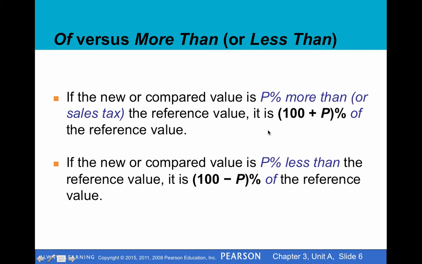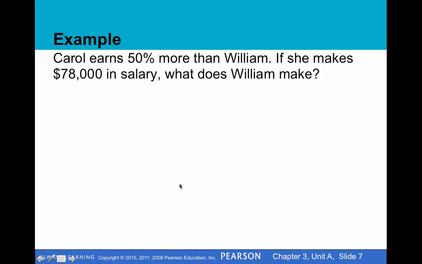Now this might seem confusing at first, but just wait until we see some examples, and I'll keep writing that line in there. And then if we have a "less than," like a 25% off sale, then we would subtract that percentage off the original 100% of the reference value. So let's see how that applies.